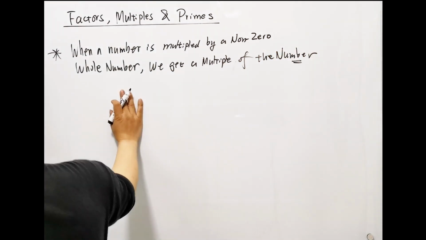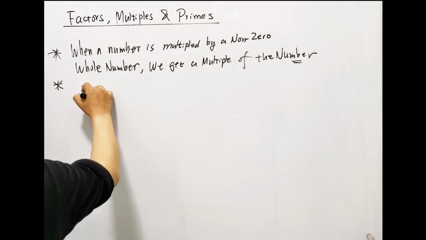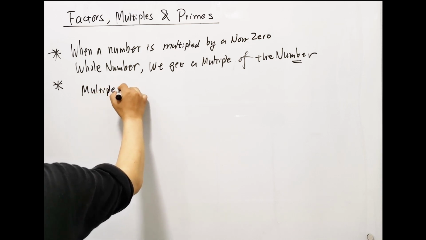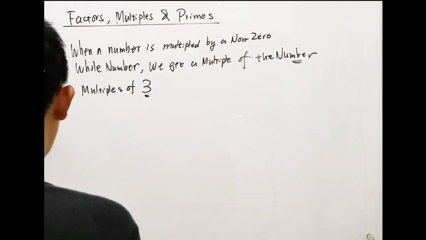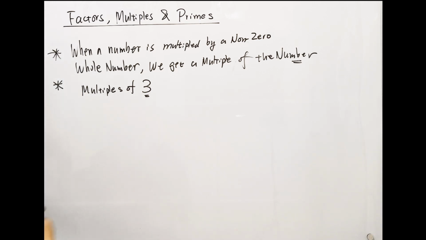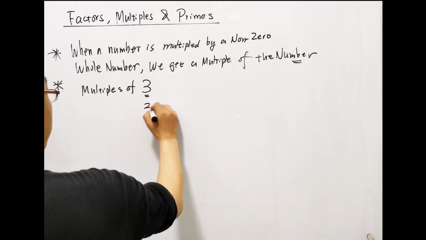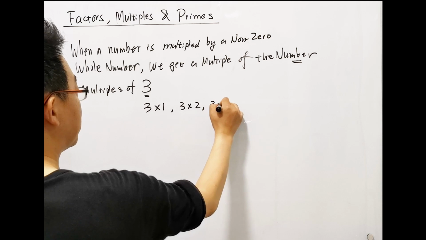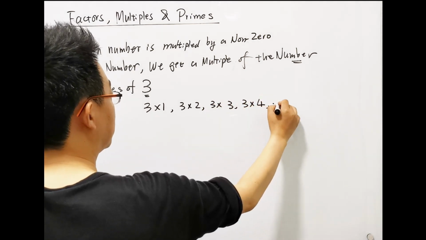Okay, so let's give an example. Let's say we need to find out the multiples of number 3. So what are we going to do? We're going to use 3 times 1, 3 times 2, 3 times 3, 3 times 4, and so on, right?